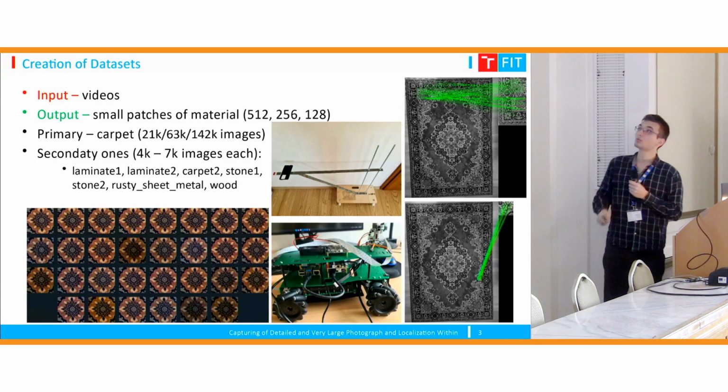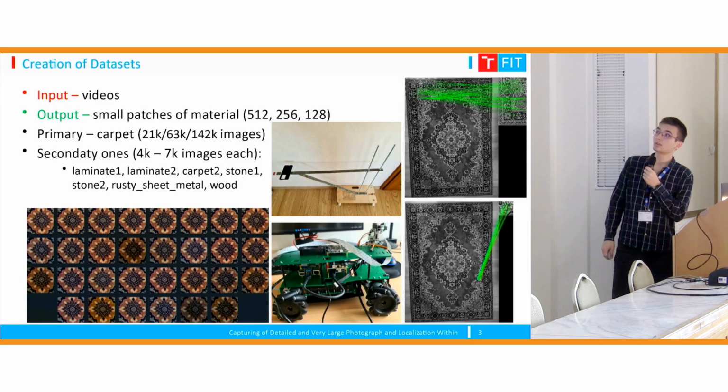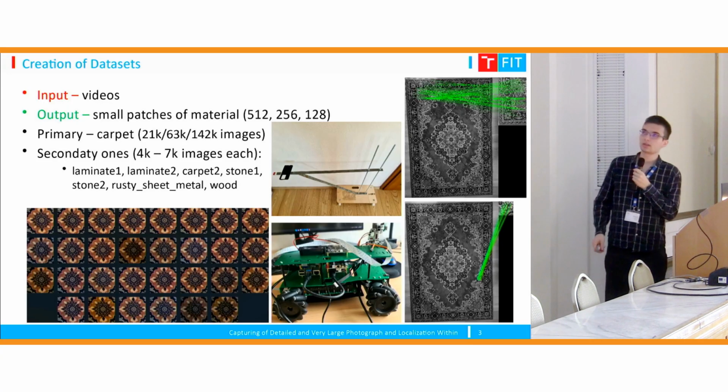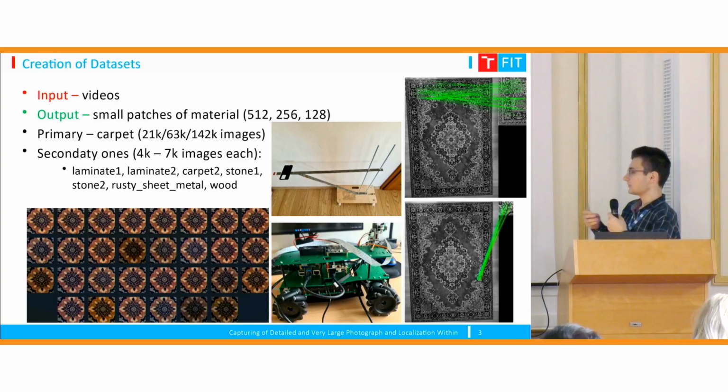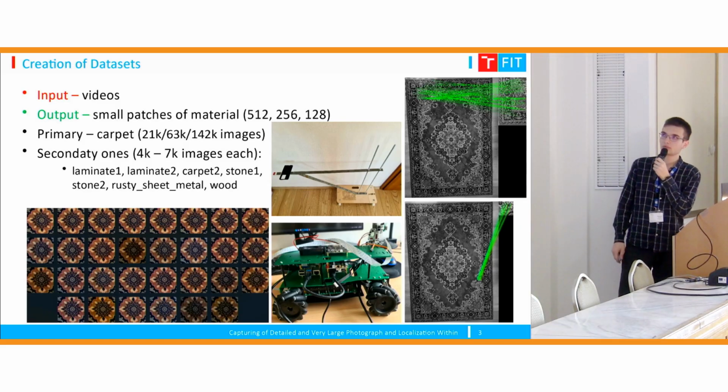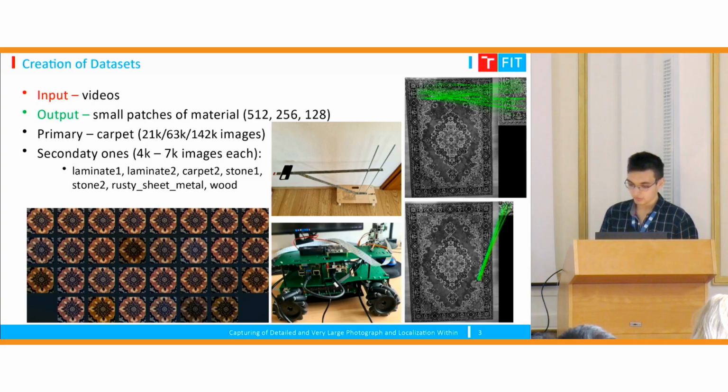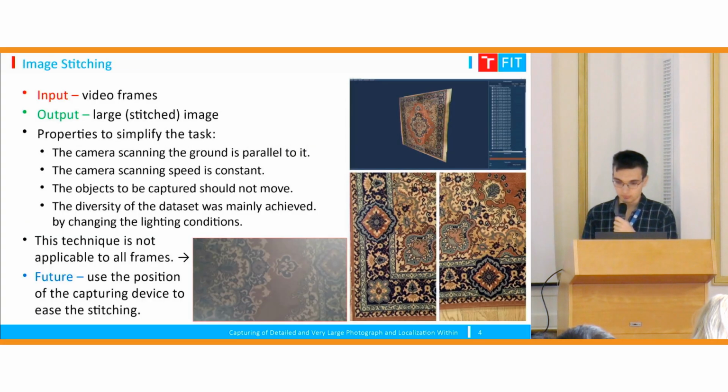That's the big image created by this approach. There were datasets created from small images or the big ones. The main dataset used was 520 by 520 resolution, which is used in ResNet.